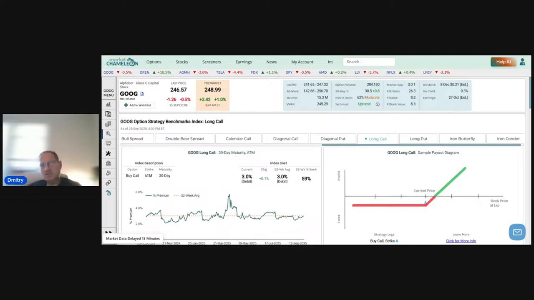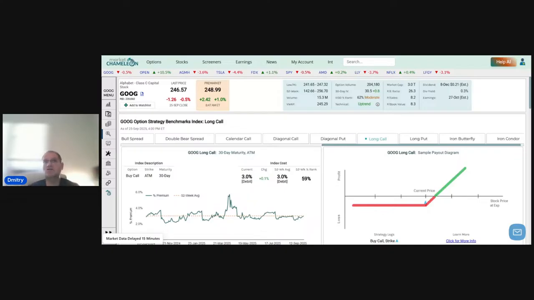And also with options, we have different strikes. When we talk about tracking an option, you could have an option that is very far away, an out of the money option.